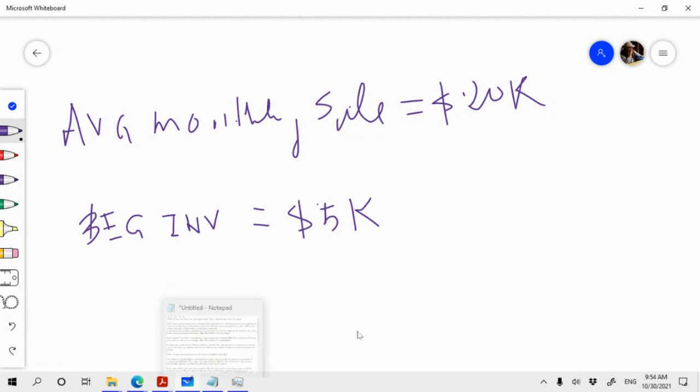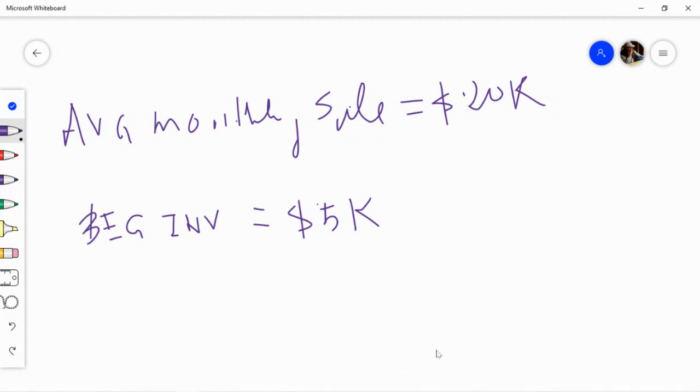So you started out this month with 5K of beginning inventory. Obviously, it's not enough.